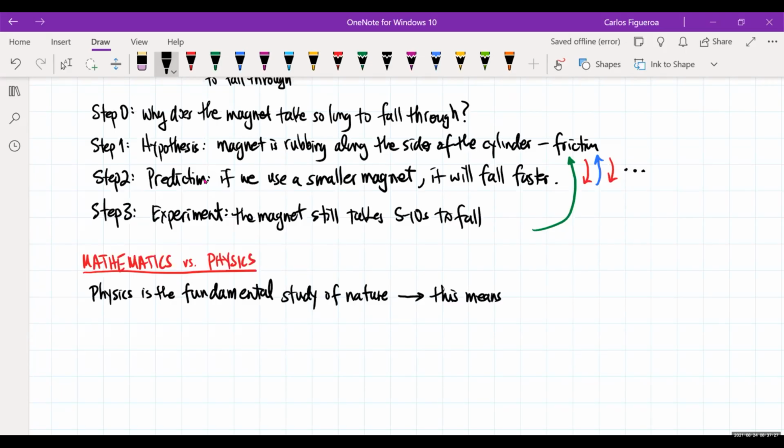So what this really means is that we use physics concepts to describe a physical phenomena.